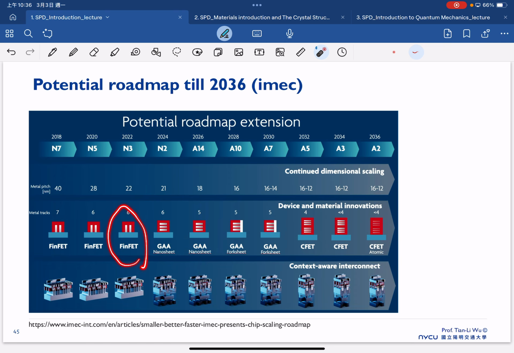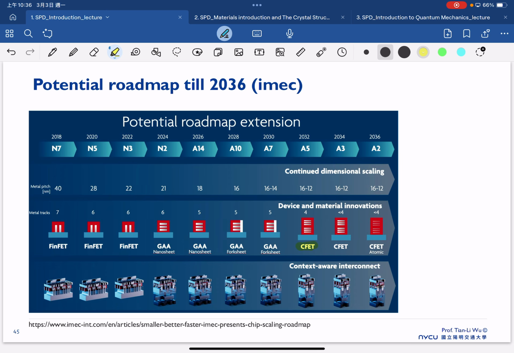Beyond FinFET, we start to have the gate-all-around nanosheet, and then we have the fork sheet. And now, recently, very promising is what we call the CFET here. CFET is actually the stacking of NMOS and PMOS, which we will talk about later.